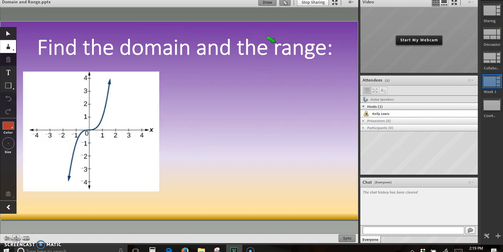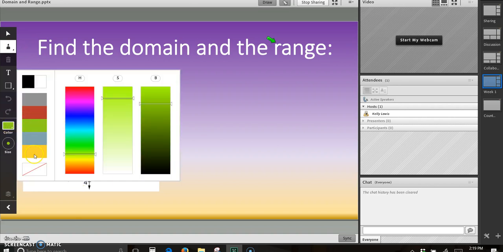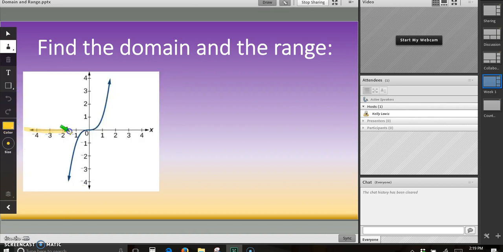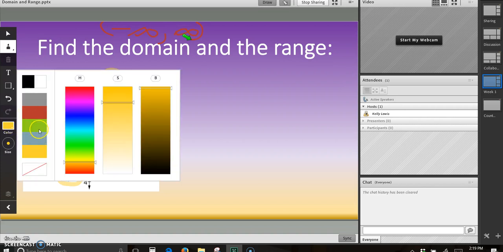All right, let's do this one. As we're coming in from the left, we see an arrow. Anytime there's an arrow, it's going to be negative infinity. Then we go to the right, and we see another arrow. So now we're at the largest number, so it's positive infinity. Now let's do the range.